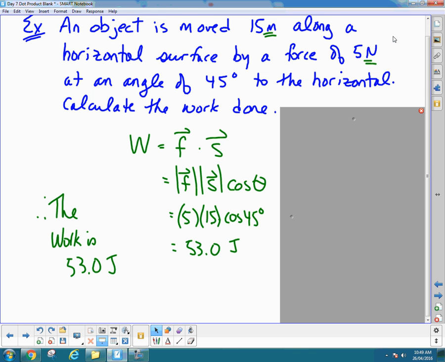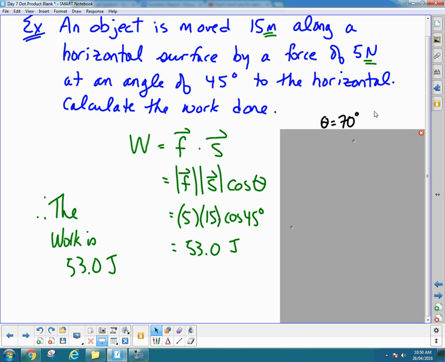To go back to the idea about how you want to maximize your work, you want the angle to be really close to the direction of motion. If we were doing this exact same example but our angle was 70 degrees, there's a big difference between the direction the force is applied and the direction it's moving.